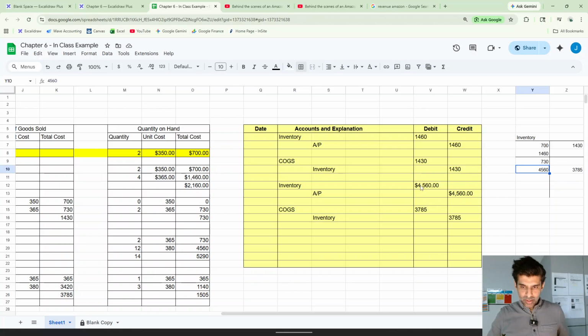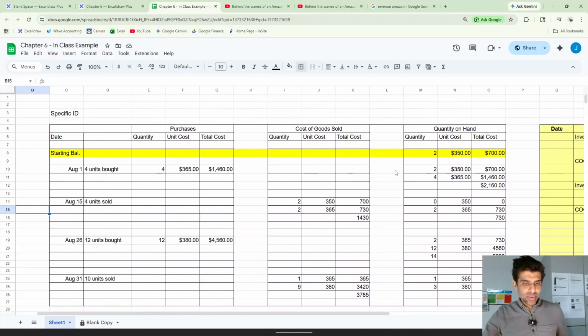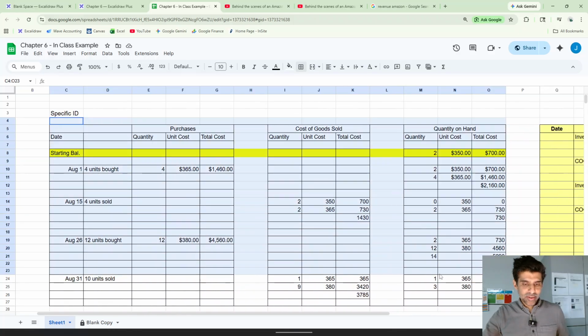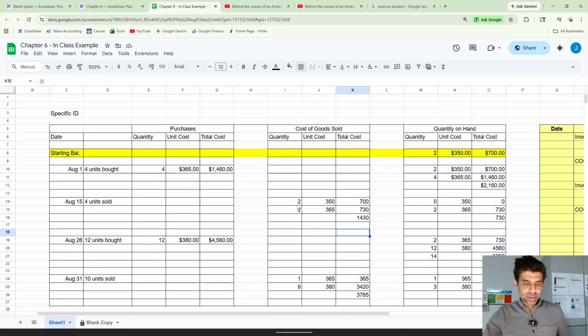So here, I had this balance plus this debit minus this. So yes, it does reconcile. Okay. So this whole exercise is really to be able to calculate this and this.